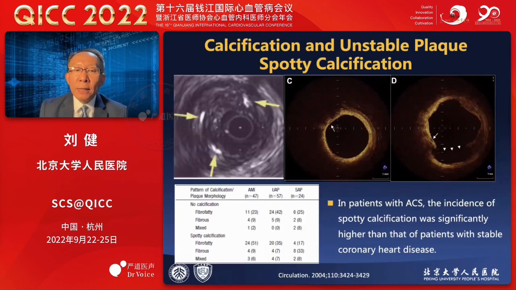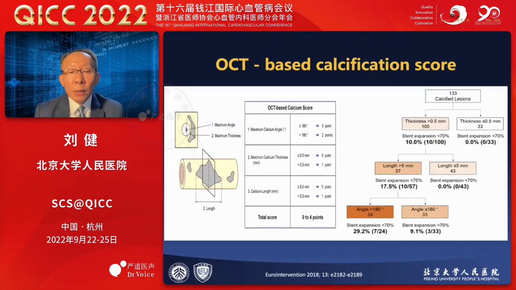And for the spotty calcification based on the CT and comparing the IVUS and OCT, I think that is a fragility of the ACS plaque. And the spotty calcification is also related to the fibrotic lipid core. And this is another paper published. They look at the thickness.